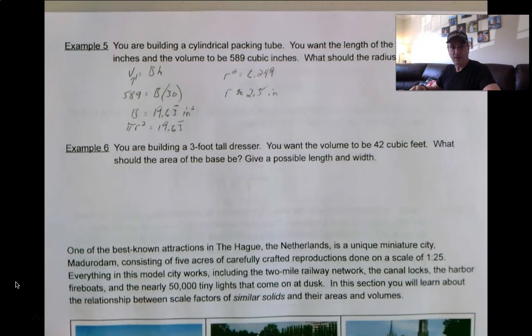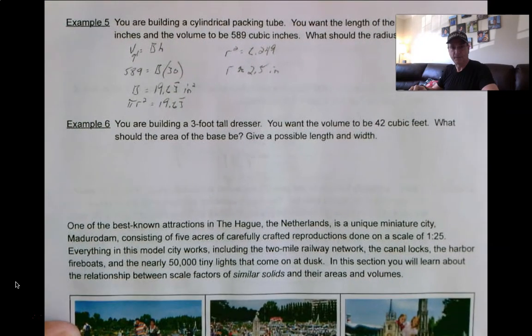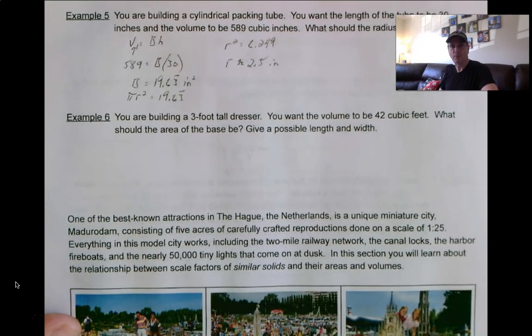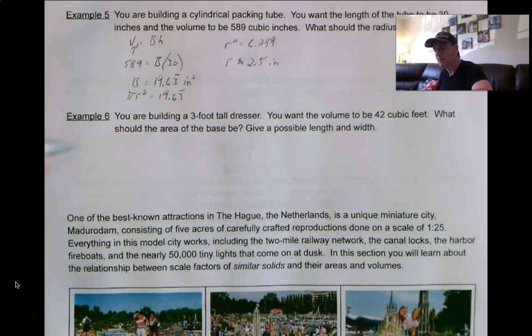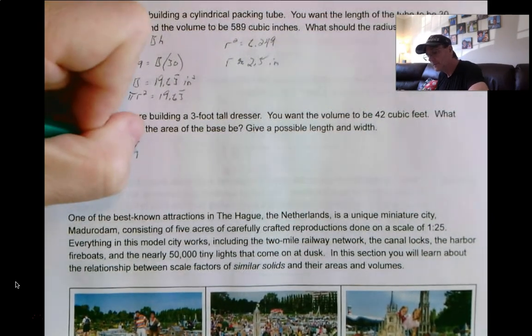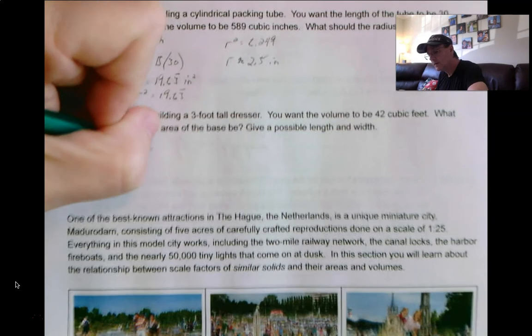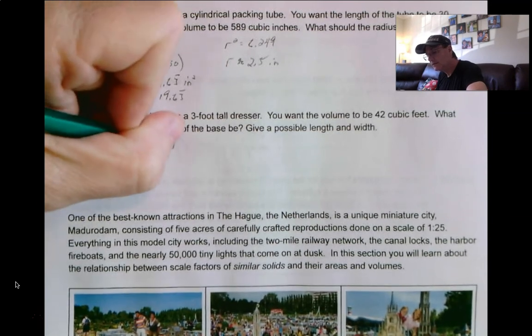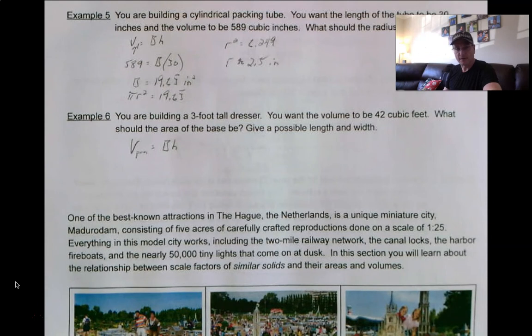Example 6. You're building a 3-foot tall dresser. You want the volume to be 42 cubic feet. What should the area of the base be? So again, we know the volume of a prism is equal to the area of the base times the height. Notice I didn't memorize another formula, just know it's area of the base times the height.